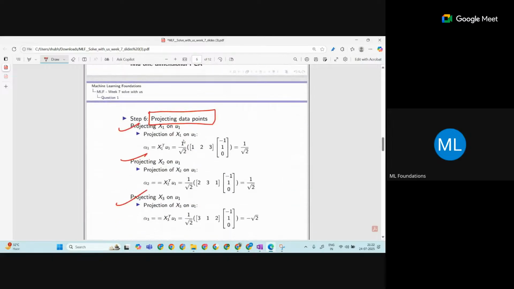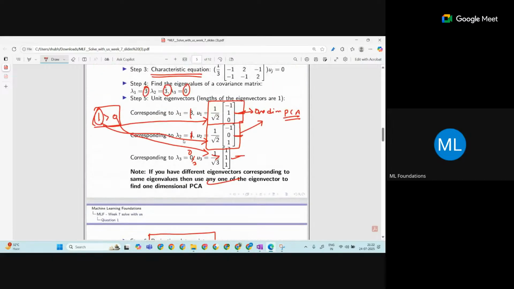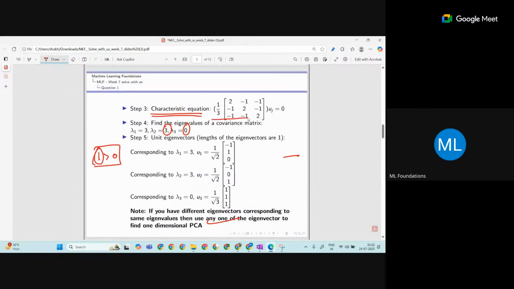Step 5 is this. In step 5, I am just finding the eigenvectors. Still confused about how to find the eigenvectors? This is your covariance matrix. I hope everyone is able to find it.